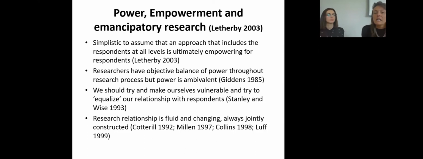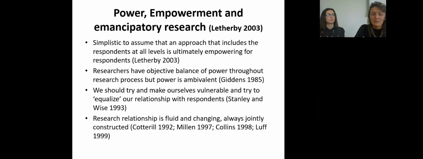It's too simplistic to assume that an approach that includes the respondents at all levels is ultimately empowering for respondents. And what we mean by this is it's not enough to say, well, the participants have been included in the design, in the collection, and maybe even in the dissemination, therefore that's fine, it's not exploitative, you know, it's really empowering. That's not always the case.